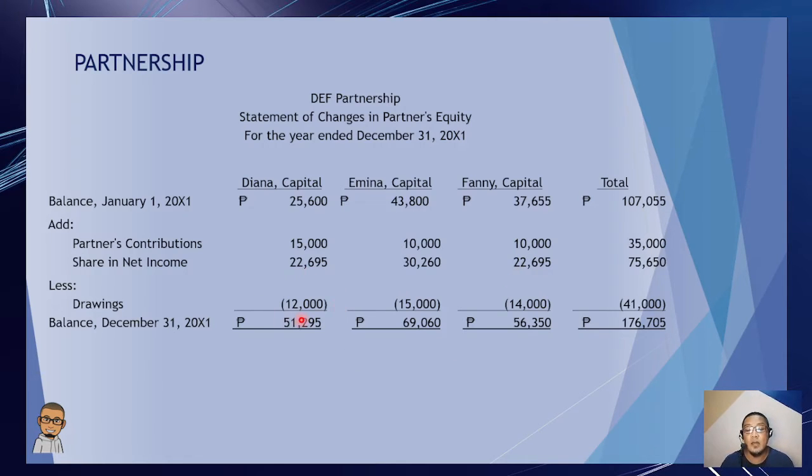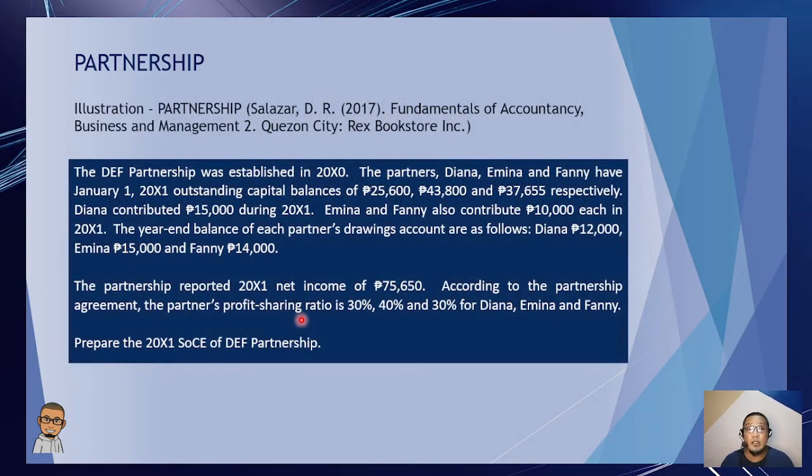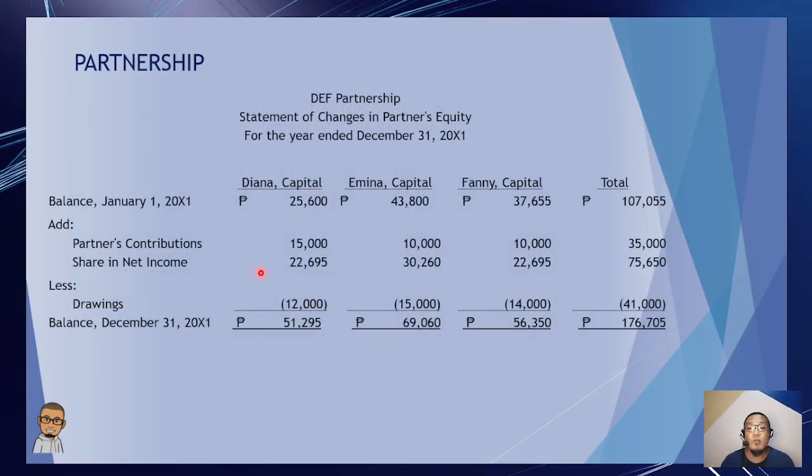Okay, si drawings account natin was stated dun sa ating initial na kwento coming from the illustration. Okay? There was a drawings na sinasabi 12,000 kay Diana, kay Emina 15,000, kay Fanny 14,000. Okay? So, makukumpleto na natin ngayon yung ating statement of changes in equity.